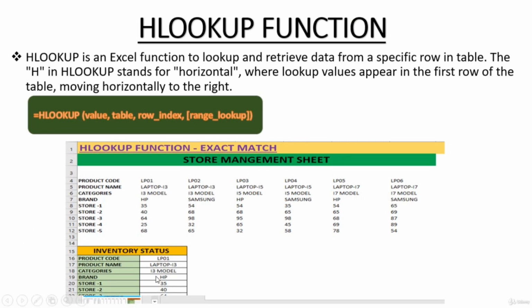Now if you want to retrieve data based on this chart, we can use the HLOOKUP function. If I enter the product code, it will show the product name, category, brand, and how many laptops are available in store 1 to store 5. We will see the example in the practical section.